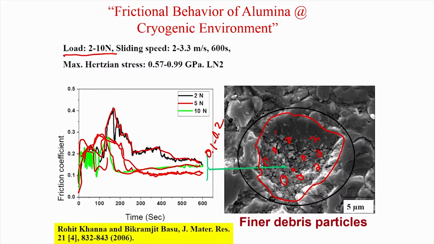The alumina grains are crushed into finer debris particles, and as a result these debris particles lead to a three body wear situation. This is fairly important for you to recognize: in the case of self-mated ceramic, three body wear can potentially take place, and that can lower the coefficient of friction as the sliding progresses.